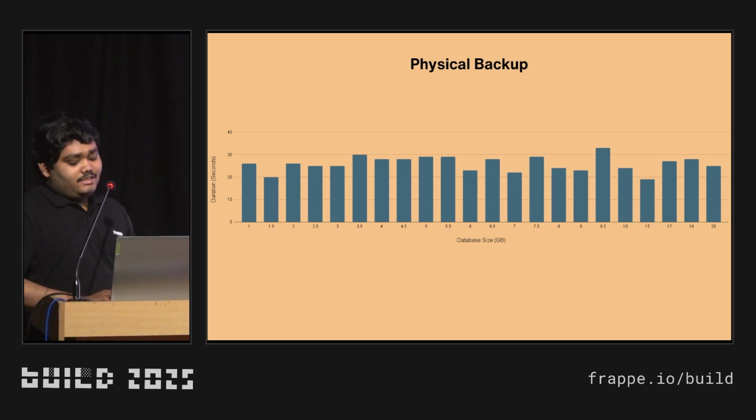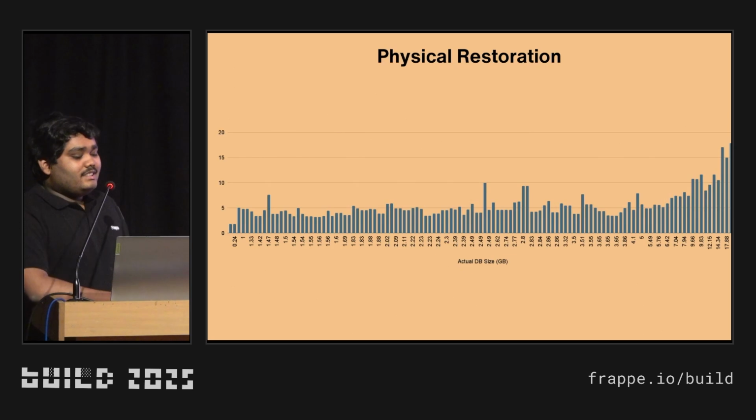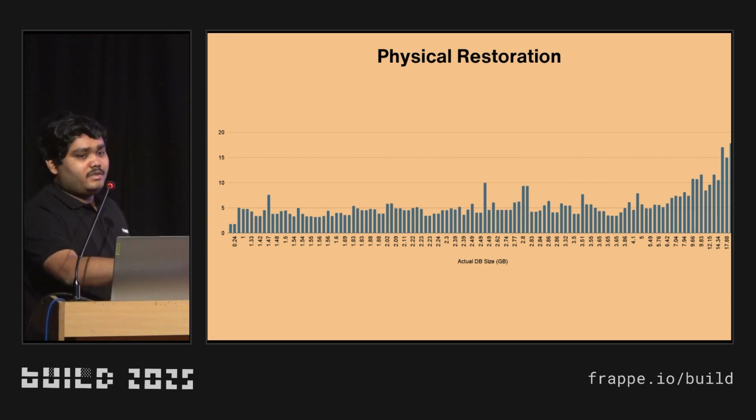Physical restoration is also a little bit tricky, and it depends on many factors. But it's not that slow. It's comparable to logical restoration. For a 21 GB database, it takes 15 minutes.